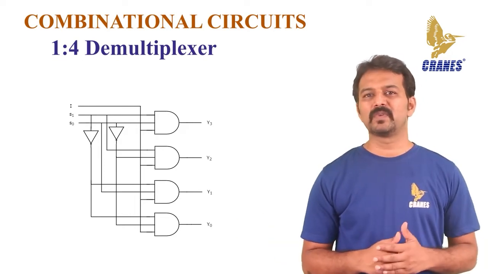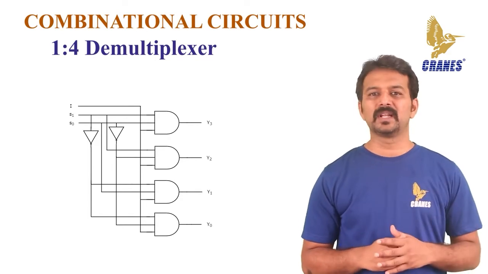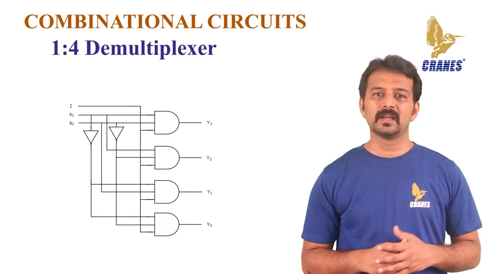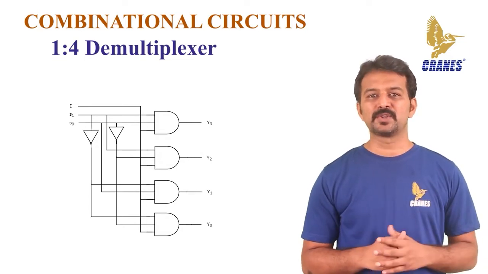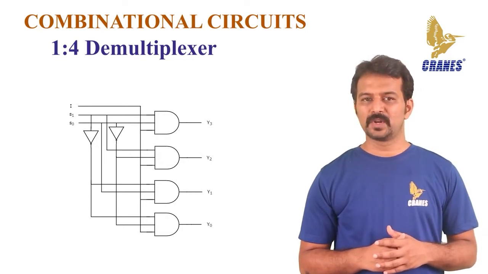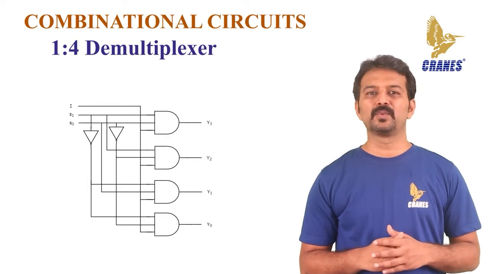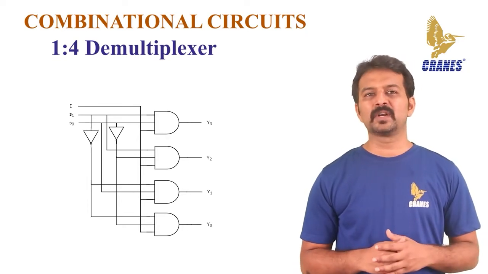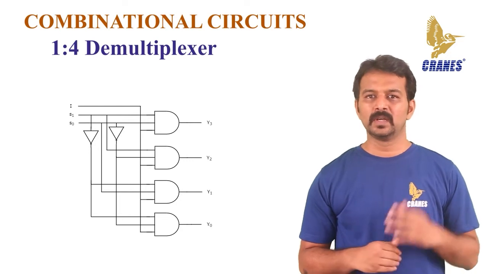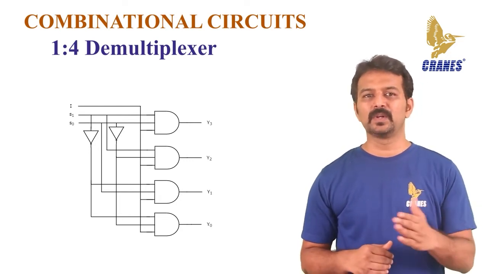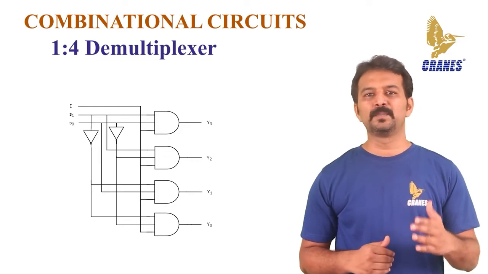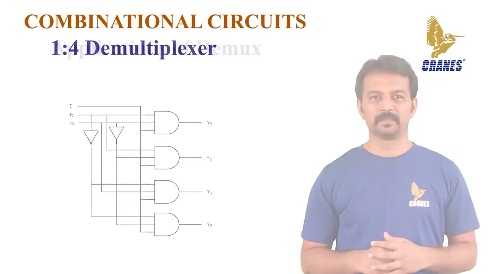If S0 and S1 values are 0, 0, then input to the last AND gate becomes high and input is sent at output Y0. When S0 and S1 are 0, 1, then input is sent through Y1. Similarly, for S0 and S1 equal to 1, 0, input is sent through Y2, and lastly, when S0 and S1 equal 1, 1, then input is sent at Y3.